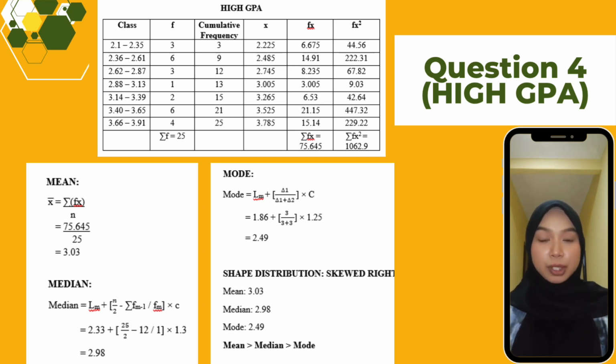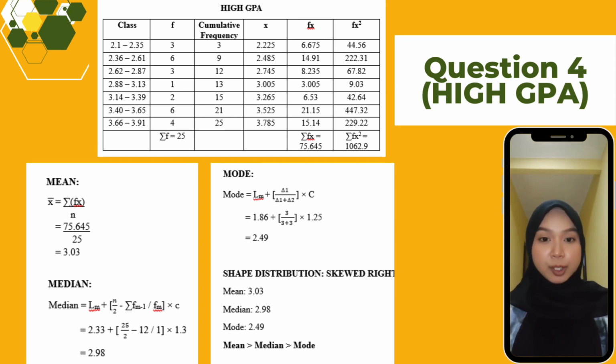Then the answer will be 2.98. To calculate the mode for high school GPA: 1.86 plus bracket 3 divided by 3 plus 3 close bracket, then multiplied by 1.25, which equals 2.49.